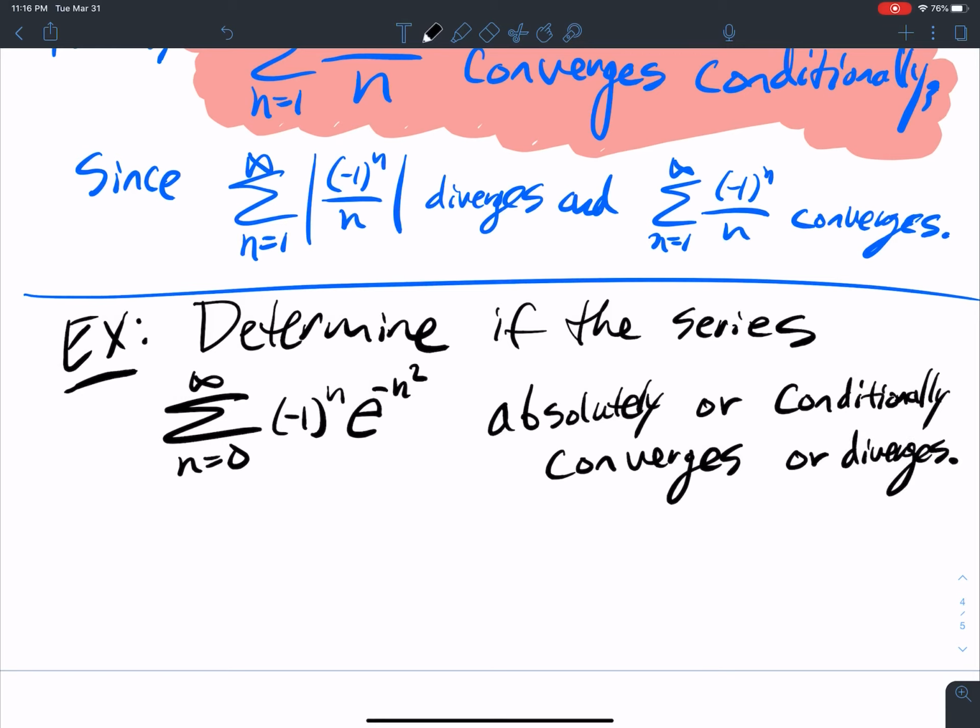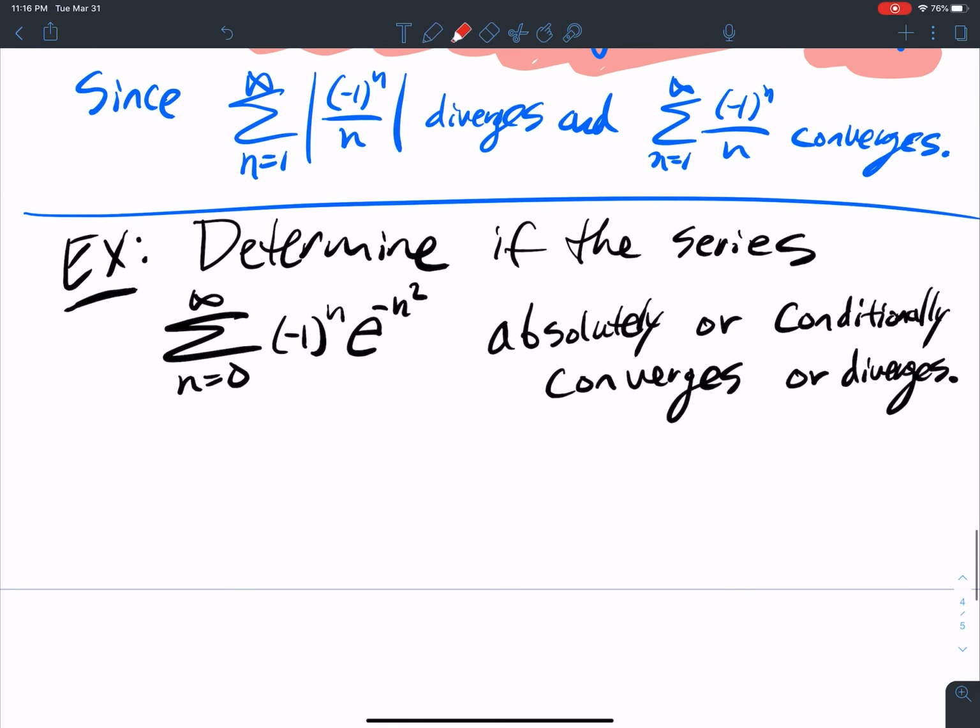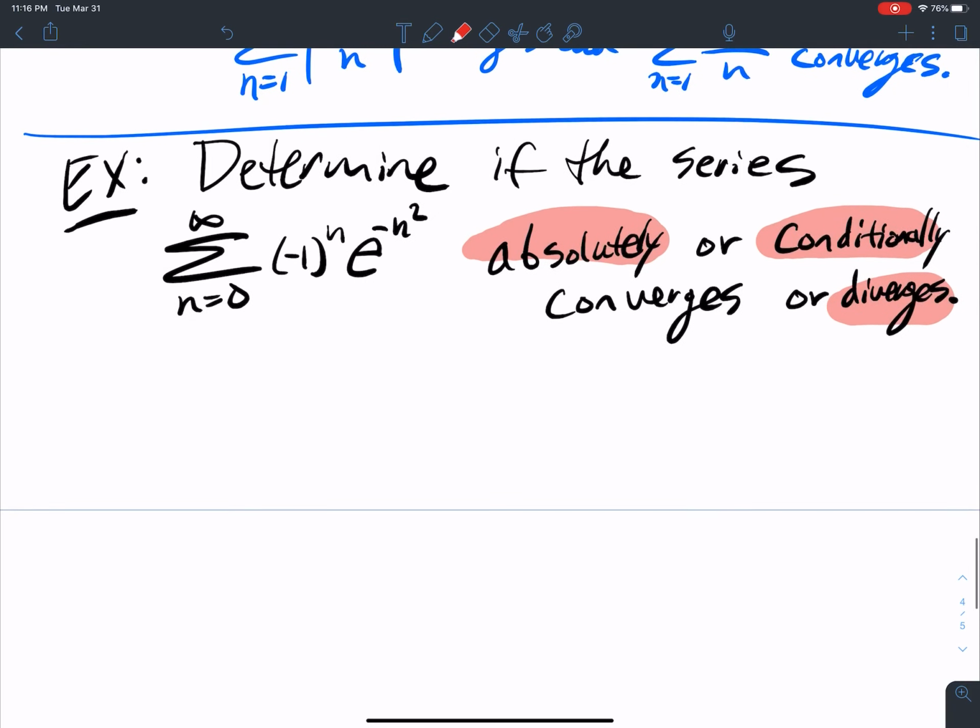Okay. So it's either going to be absolute convergence, conditional convergence, or divergence. That's what we're looking for.